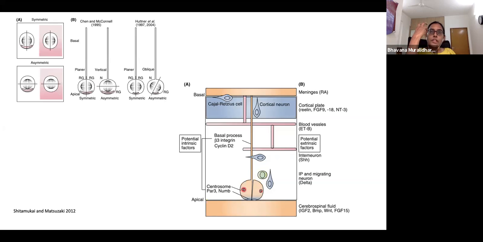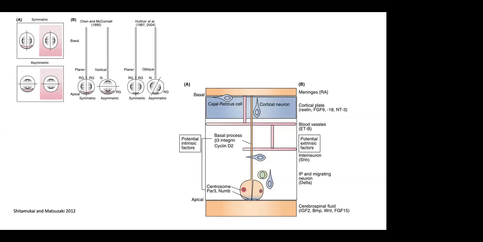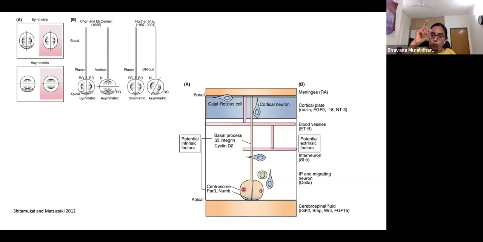So there are a few things which people think of for why this is happening. One of the main reasons for this interkinetic movement is that the daughter cells have to migrate past the fibers. So I think one of the functions of this interkinetic nuclear migration is that it guides the daughter cell across the fiber.